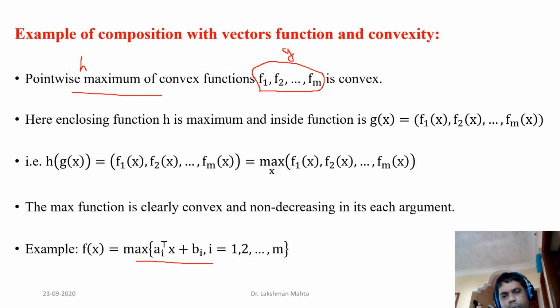Here is one example again. If you take the maximum of several affine functions, what kind of function will it give? It will give a piecewise linear function of this structure.